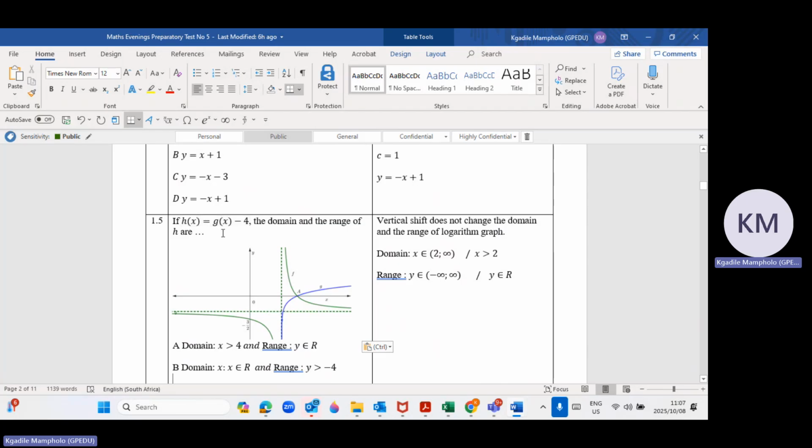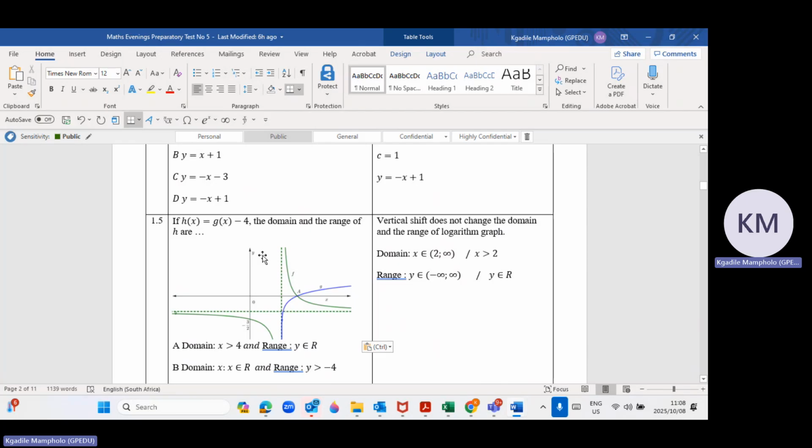Now, h of x is equal to g of x minus 4. It means to obtain h of x, g is translated 4 units downwards. So the vertical shift does not change the domain. Remember, the vertical shift does not change the vertical asymptote. So g minus 4 does not have any impact.